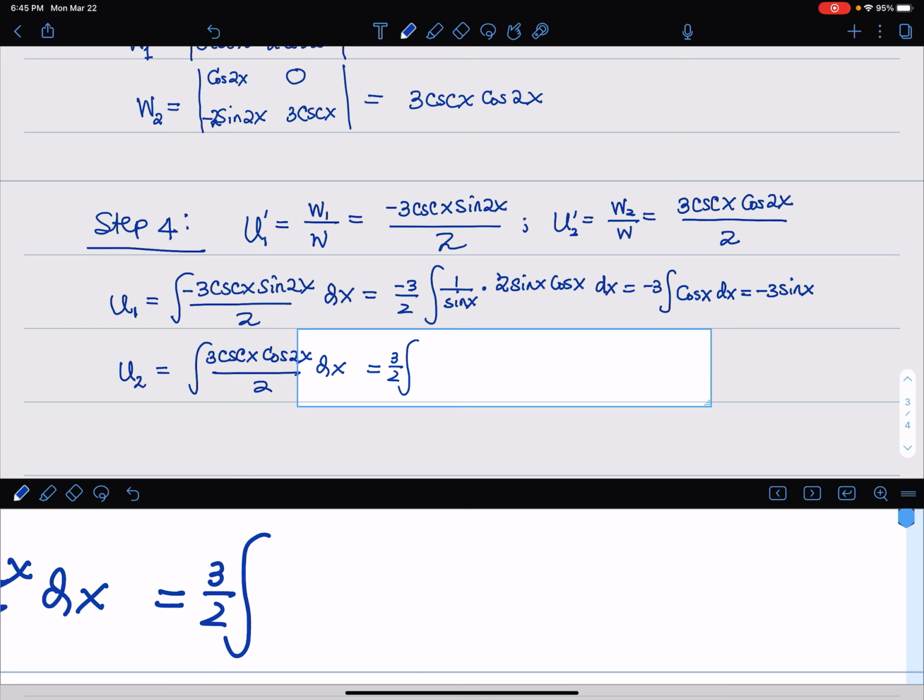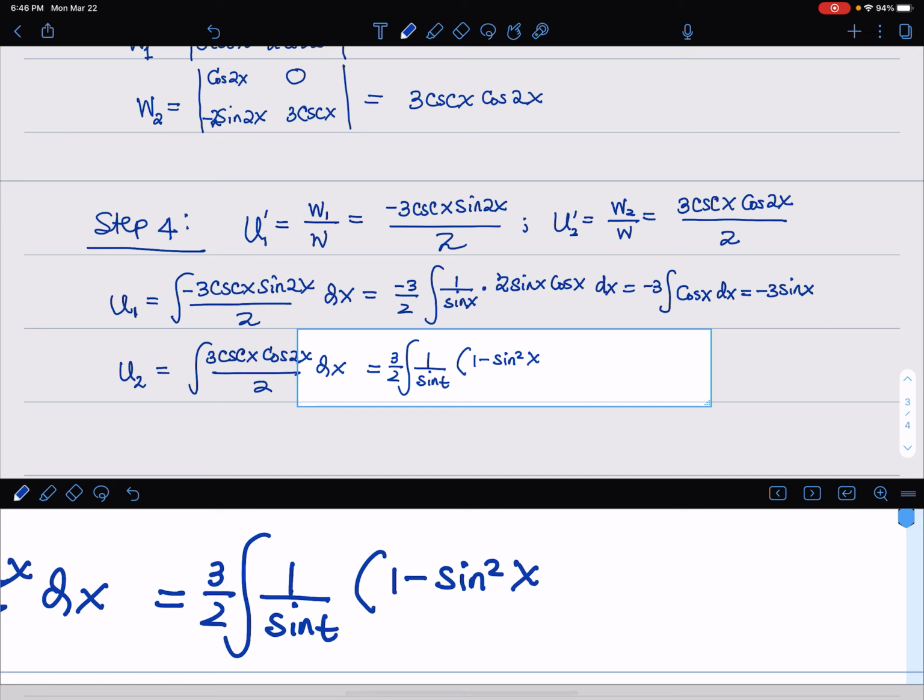We can write cosecant as 1 over sine of x, and the cosine of 2x we can write as 1 minus 2 sine squared of x.